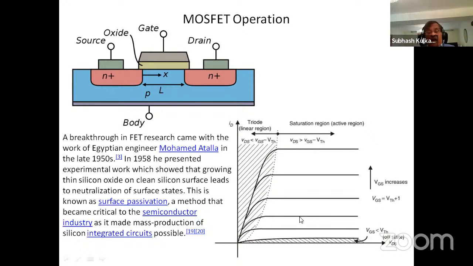Here are the device characteristics that I'll be showing. For the same device, when you plot the drain voltage versus the drain current, you get multiple curves depending upon what gate voltage you applied. The higher the gate voltage, the higher the current. So this works like a faucet in your kitchen.